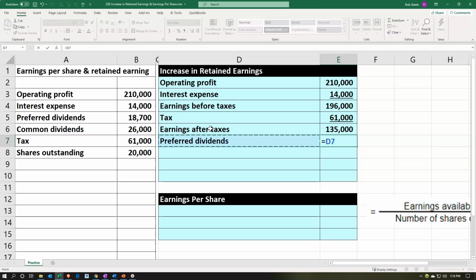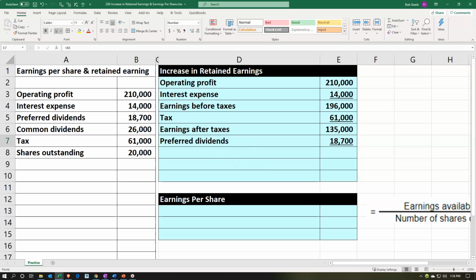So then we're going to say that's the 18.7. That means if we have to pay them first, we have to take out the preferred stock portion before we get to the amount of the net earnings that could be distributed to the actual owners, the common stockholders, which we will break out per share. So the 18.7, I'm going to go to the Home tab, Font, and underline that.